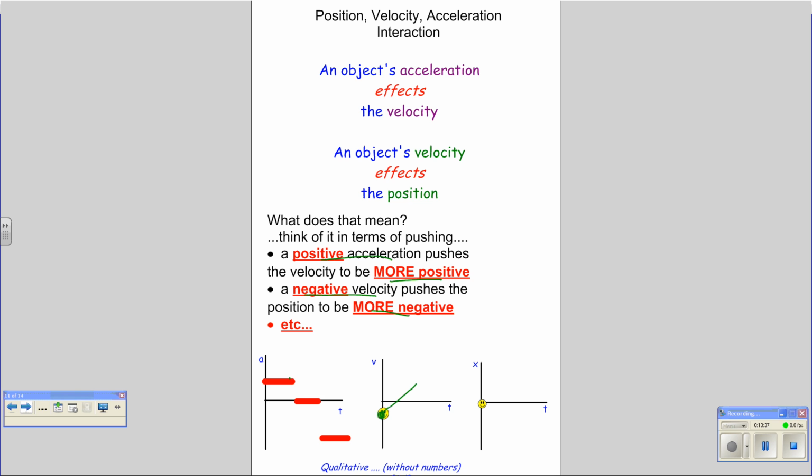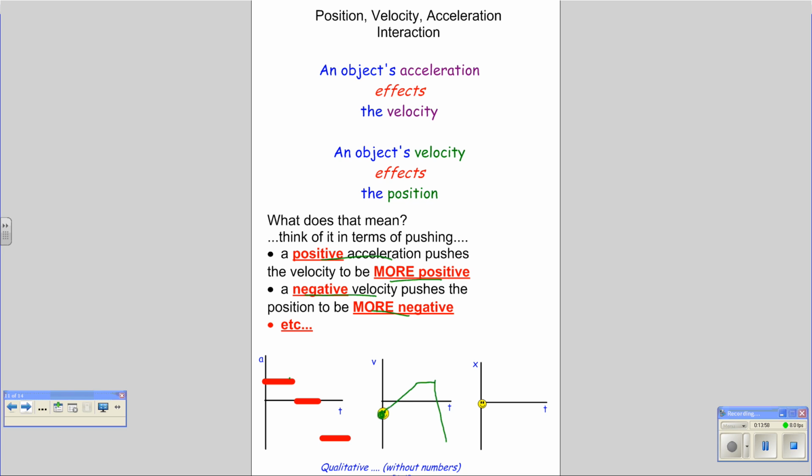And how far it goes up would depend on the numbers. Then we have a 0 acceleration. We're not pushing. So velocity is not changing. And then we have a negative acceleration. It's a bigger negative acceleration than the positive one was. So we have a steeper slope down.